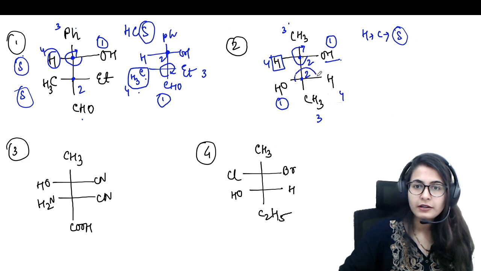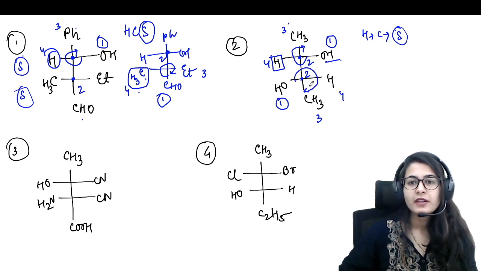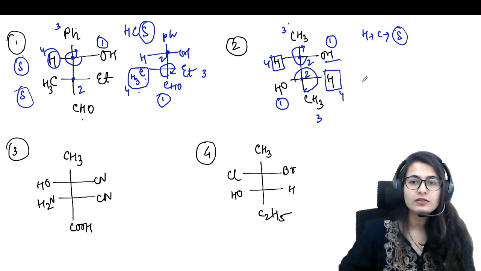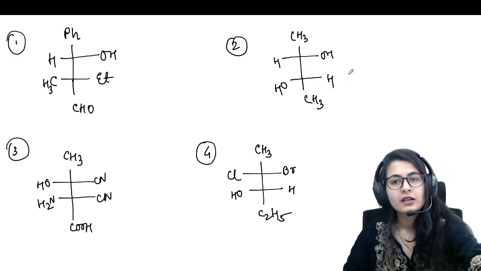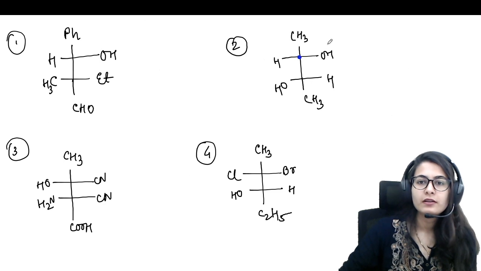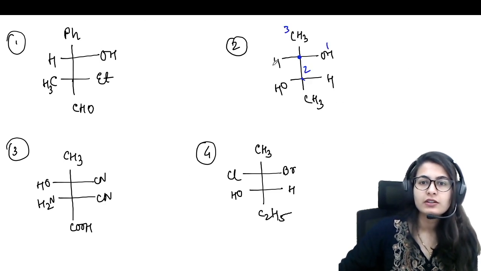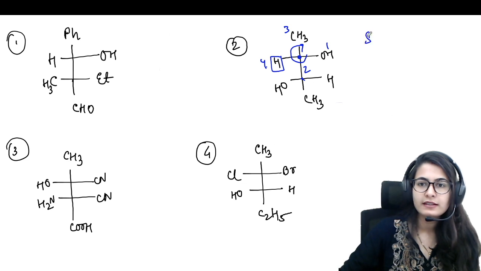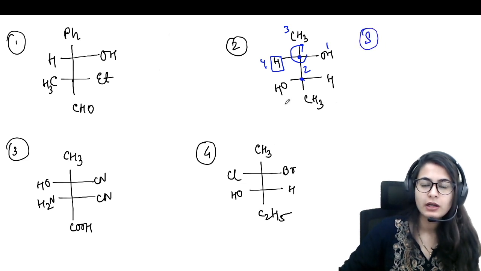So it is 1, 2 and 3 clockwise and horizontal position. So let me just see this once again. 1, 2 for the second carbon, 3 and fourth, right? All right, horizontal clockwise and S. What about the second one? 1, 2, 3 clockwise and horizontal, S once again.